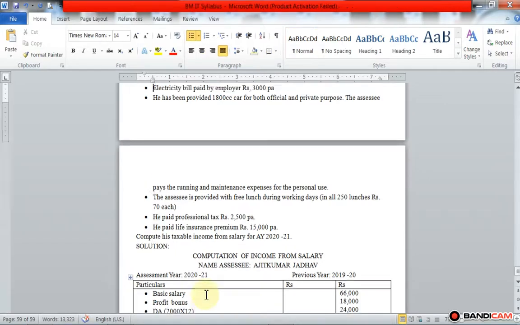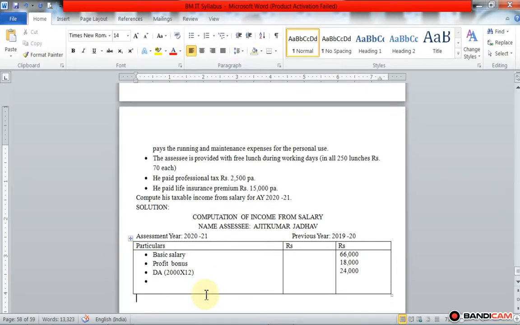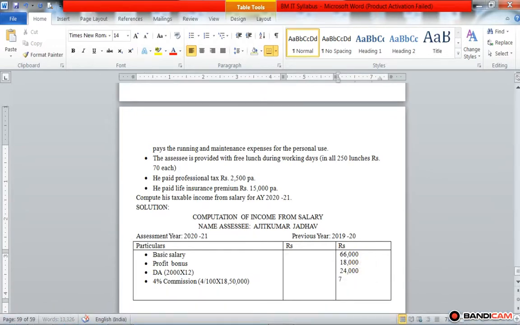Then next one is commission, 4%. So compute 4% on 18,50,000: 4 divided by 100 multiplied by 18,50,000 is equal to 74,000. 74,000 is the commission.